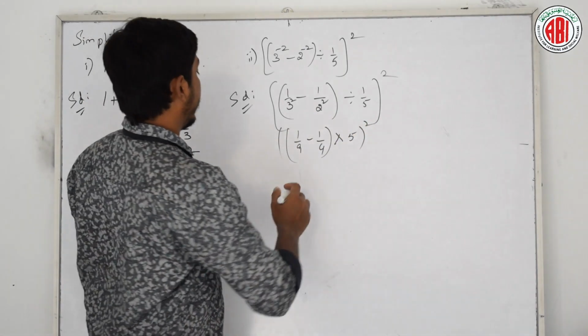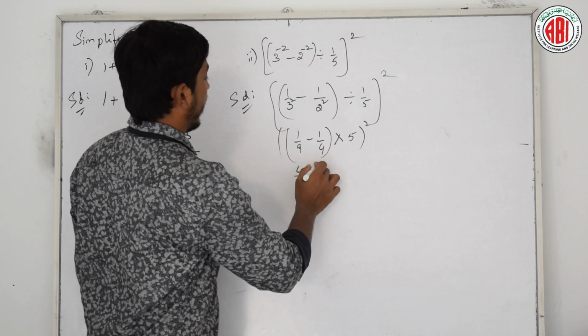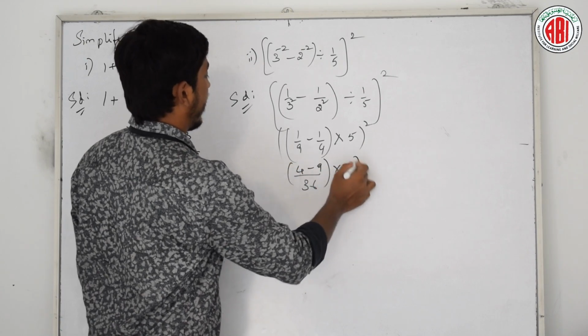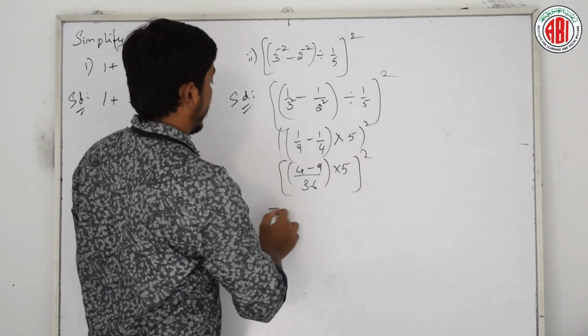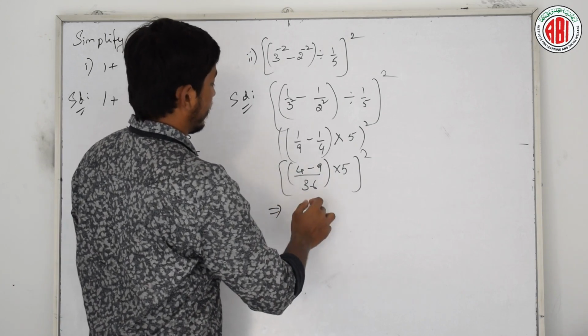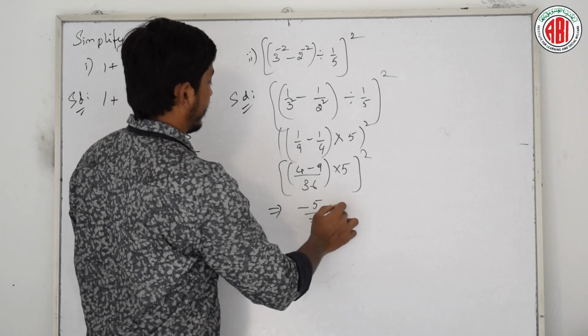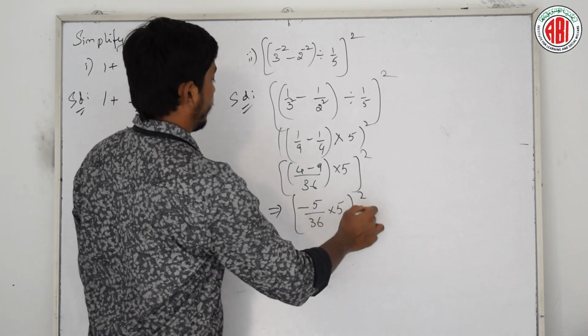Here 9 4s are 36. 4 minus 9 into 5 whole square, that is, what is 4 minus 9? Minus 5 divided by 36 into 5.